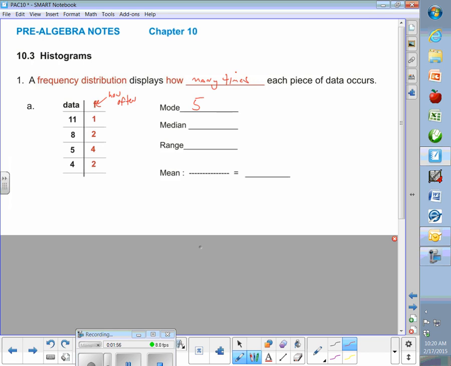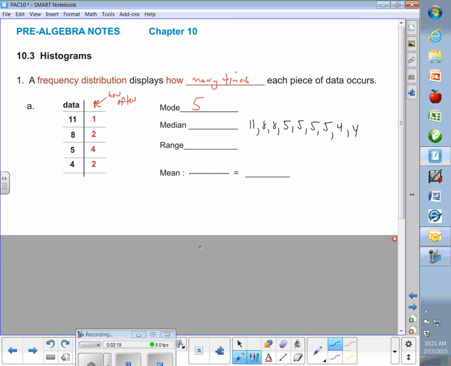Be careful. The median is still the middle piece of data. To help you, I'm going to list out all the data. We have one 11, two 8s, four 5s, so 1, 2, 3, 4, and two 4s. So that's our data.